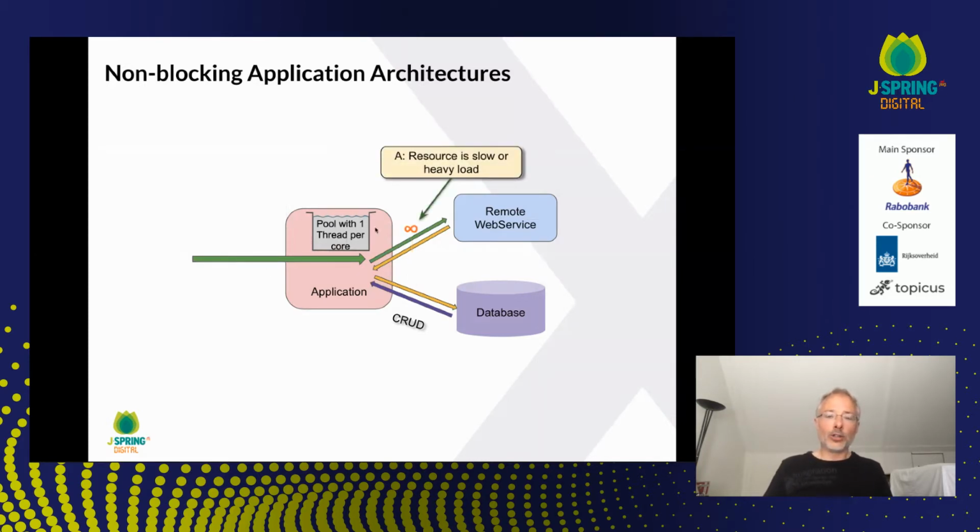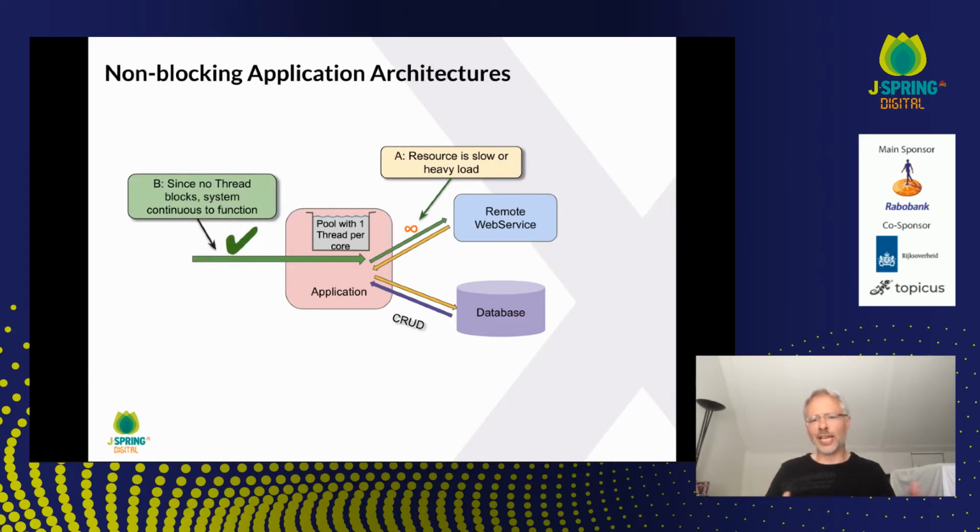So also, when we look at some alternative scenarios, so say this remote web service gets slow, or we get some heavy load, now we still can accept new requests because nothing blocks. There will be threads continuously spinning. Of course, at a certain point in time, everything blows, but it will be longer than before.